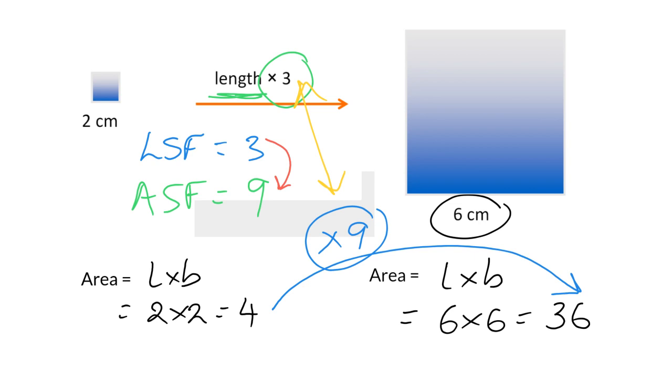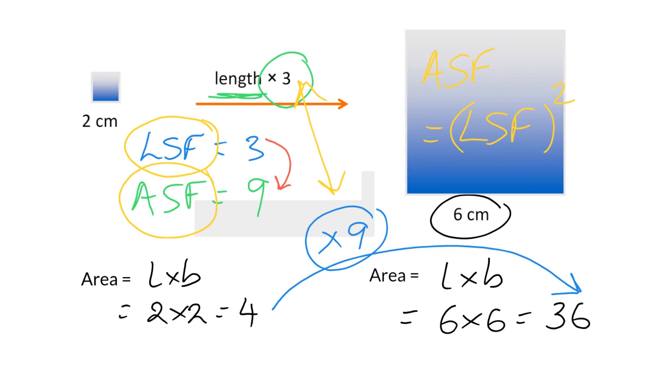Hopefully you'll pick up there that actually 9 is 3 squared, or if we were to look at it in terms of the length scale factor, the length scale factor squared gives us the area scale factor. So actually, the area scale factor is the length scale factor squared. And that's actually true for any calculation in this regard.